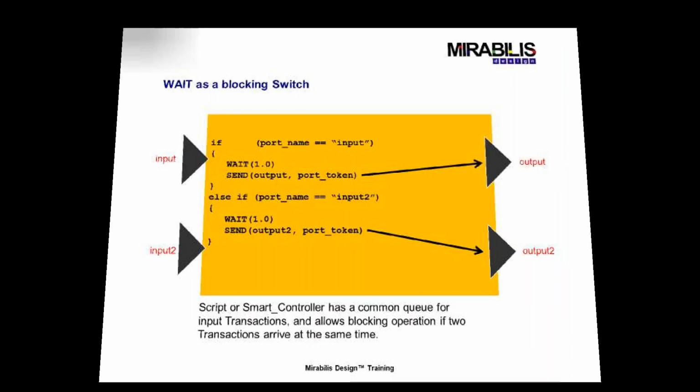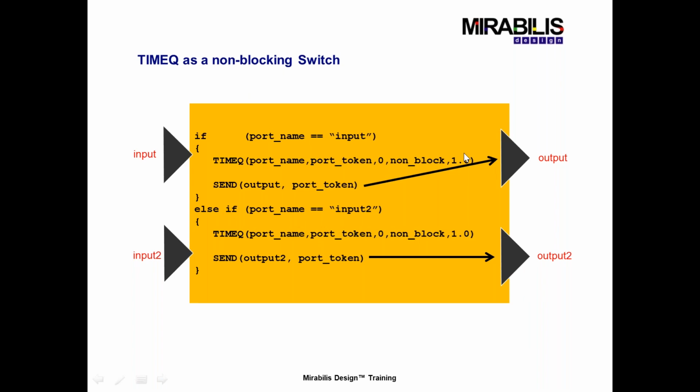Now, the opposite of wait is a time queue, which is a non-blocking switch. What this means is, for example, in this case, input comes in, I send it here, I put it in this time queue and it waits for 1 second. Before the time queue is cleared, say input 2 has arrived, it immediately starts executing, jumps over here, does this, and puts it into the time queue here.